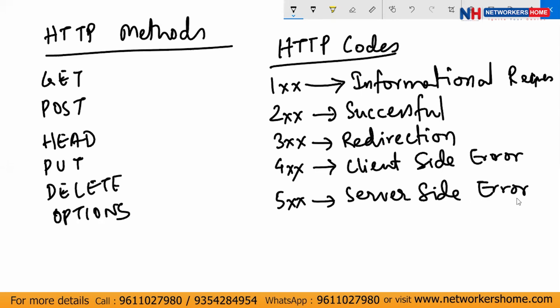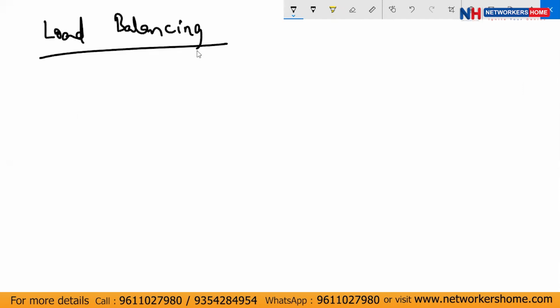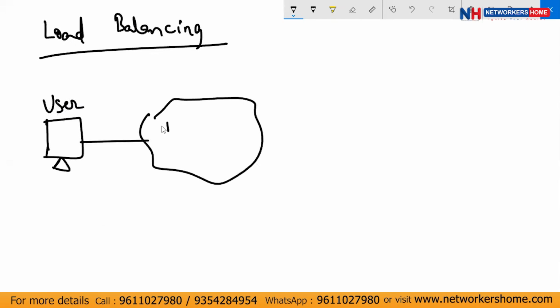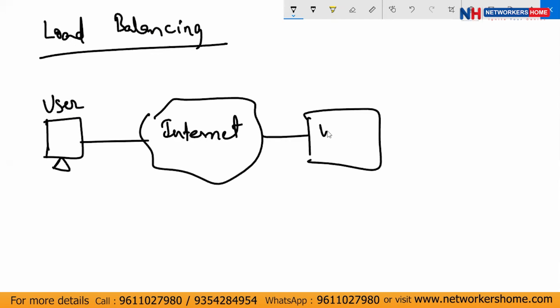So now that we have a complete overview understanding of the application traffic flow and basics of HTTP, let us dive into understanding load balancing. When we talk about load balancing, let's assume that this is the user who's connected to the internet, and he's trying to reach out to a web server.